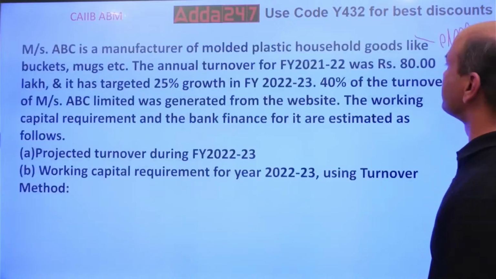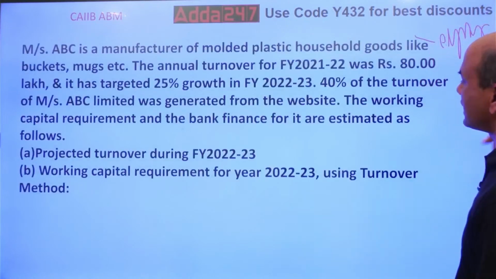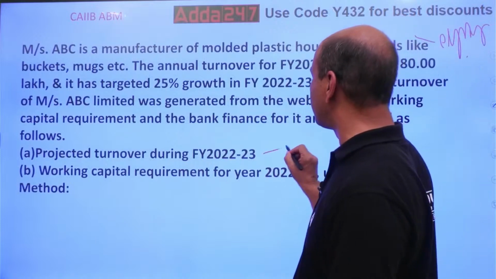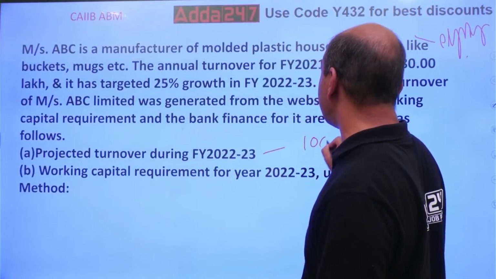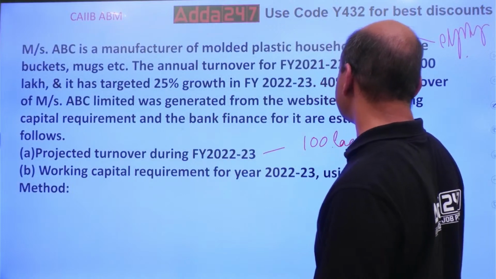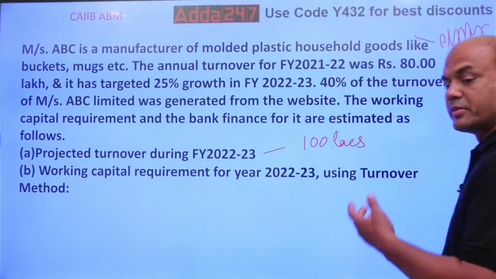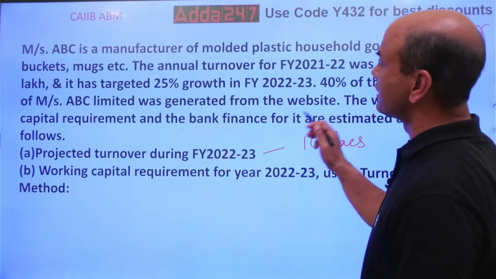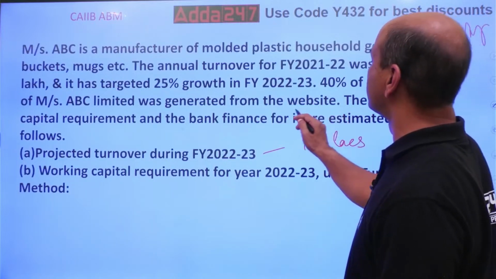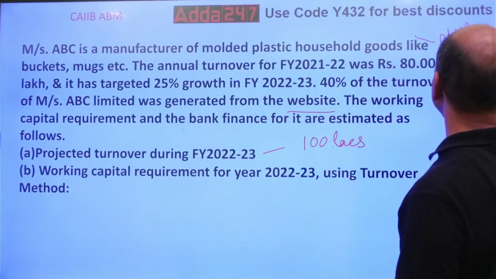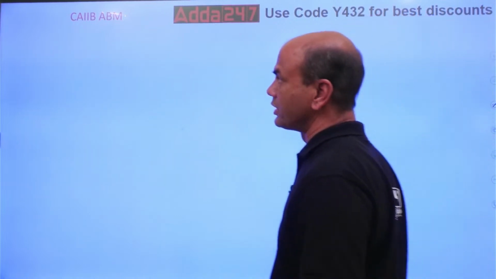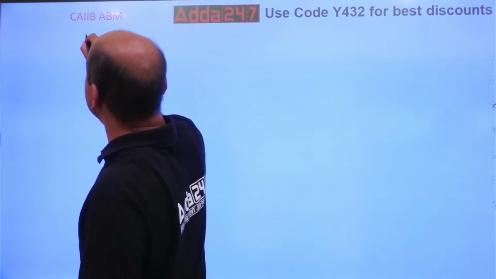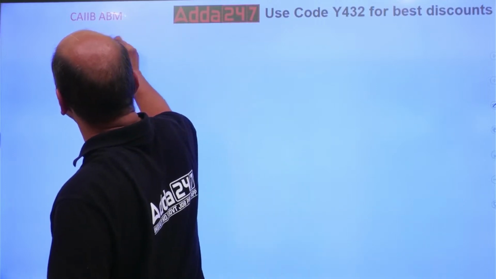In this problem, you see the projected turnover. What did we get? It was 100 lakhs, correct? So this is my projected turnover. Out of this, 40% of the turnover will be generated through the website. Everything is for projected, firstly remember this.